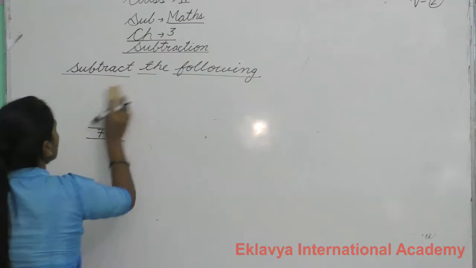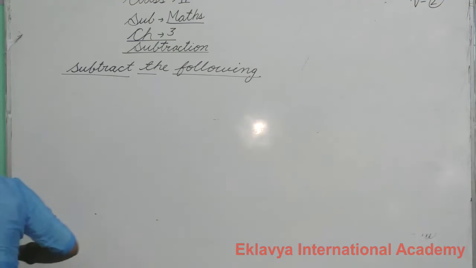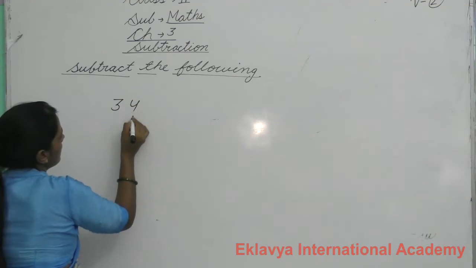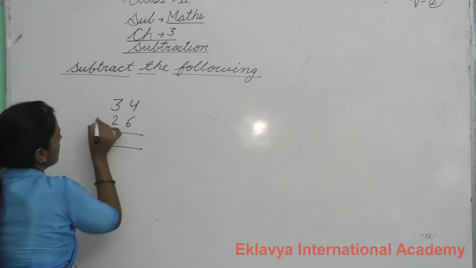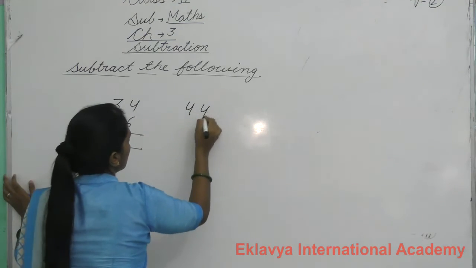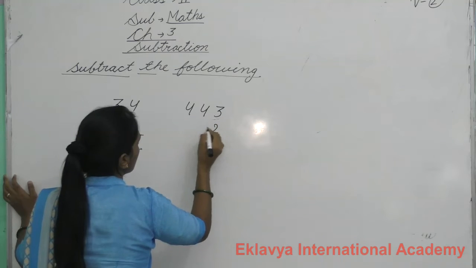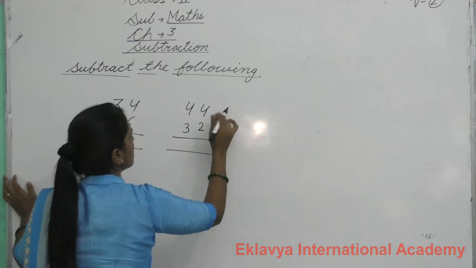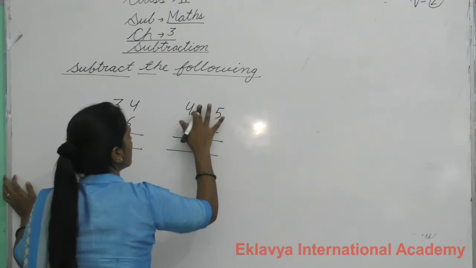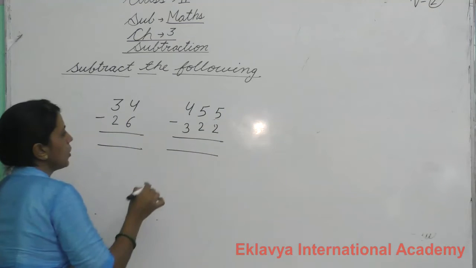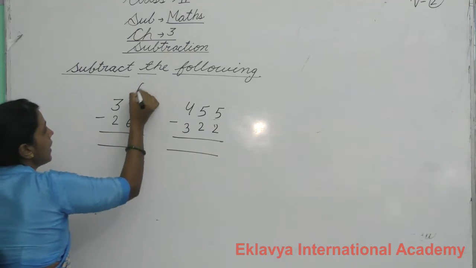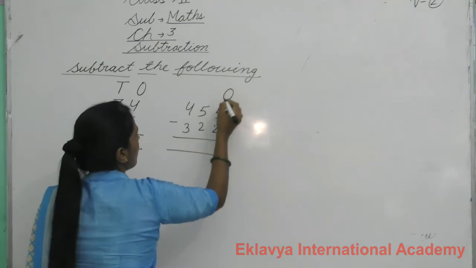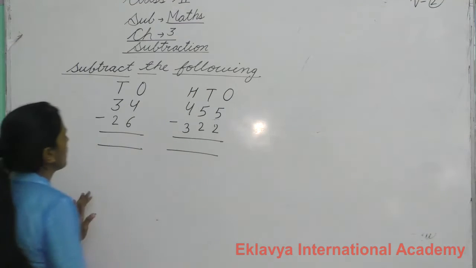We are talking about subtraction with borrow. I have taken that type of digit. Okay, we will write it upside. This is your 1's place and that is your 10's place, then 1's, 10's and 100's.